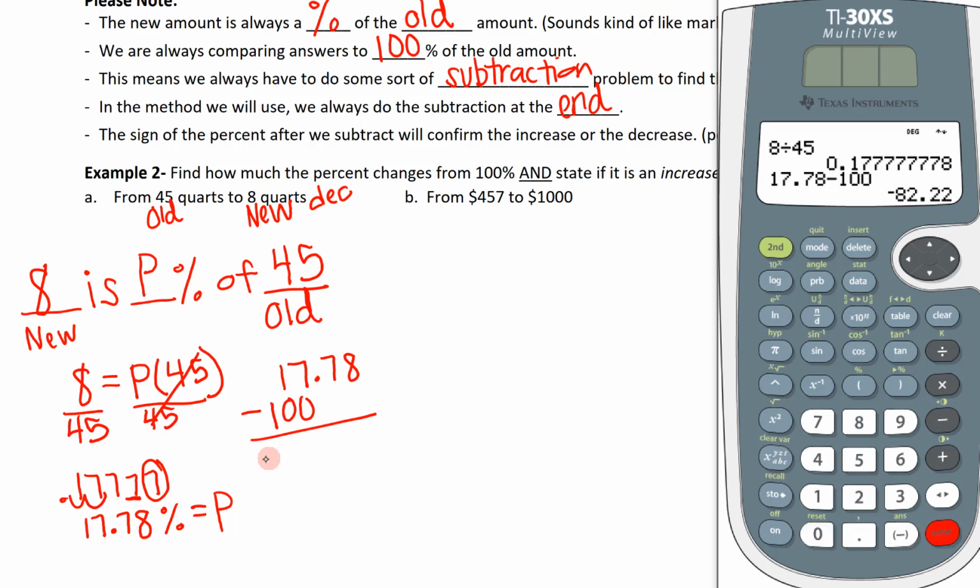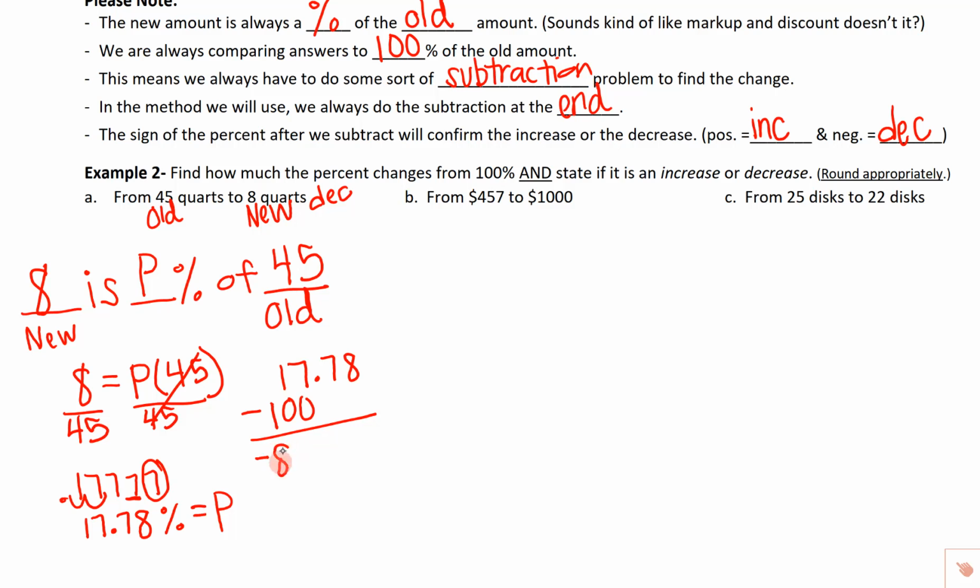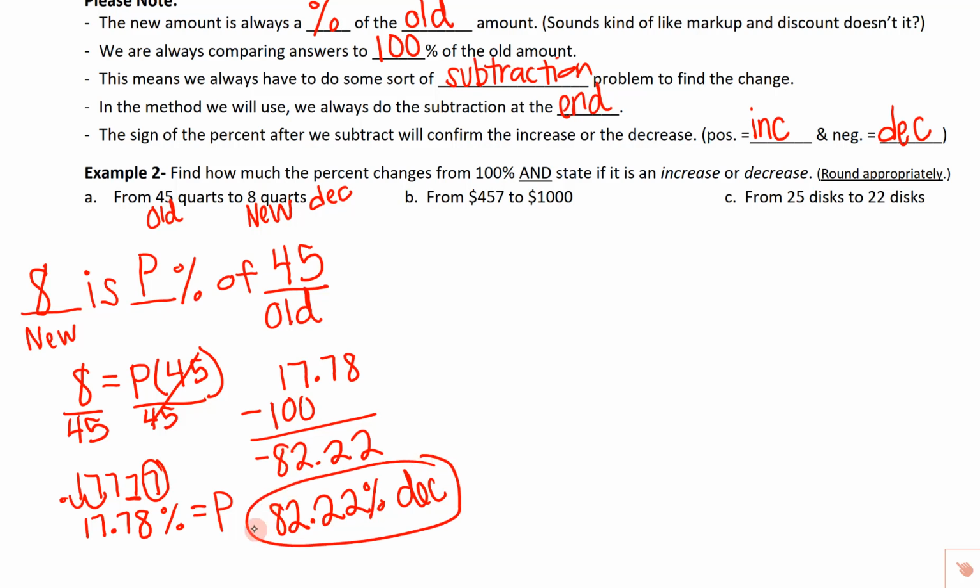We get negative 82.22. That negative lets us know it is a decrease. So we're going to say 82.22% decrease. If I put a negative and the word decrease, that's going to cancel it out. So make sure you take your answer and then just write the word decrease.